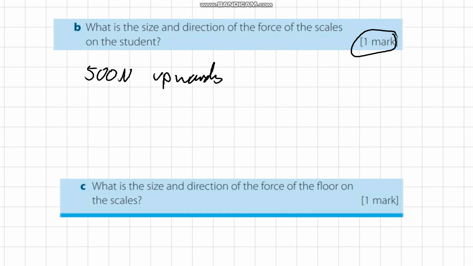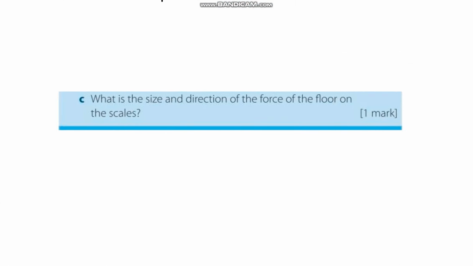Then for part C, what is the size and the direction of the force of the floor on the scales? Well, we're given the figure 500 newtons, so we know that there's at least 500 newtons involved, but also as well as the weight of the student pushing down through the scales onto the floor, there's the weight of the scales themselves, so it's going to be 500 newtons plus the weight of the scales, which we're not told.